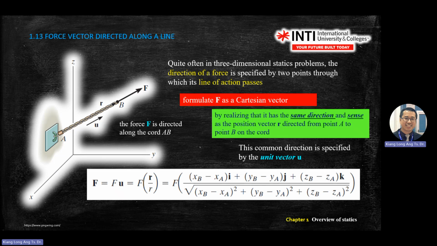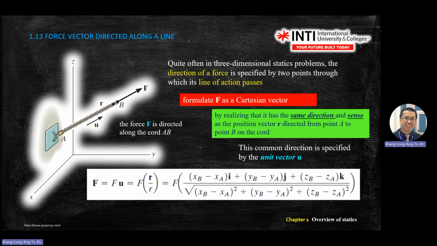Again, F is a vector. Vector has magnitude and direction. Force vector, the capital F here, equals magnitude times direction. The small f, without the capital font, will be the magnitude. U will be your direction.